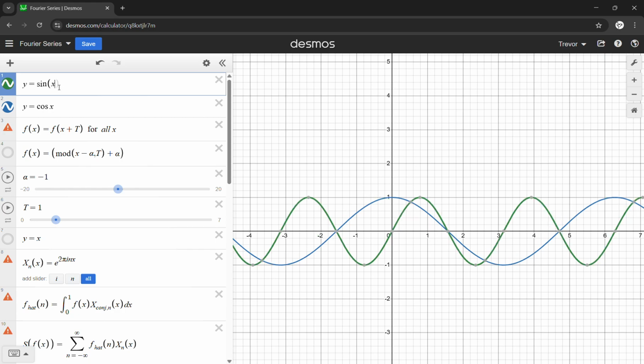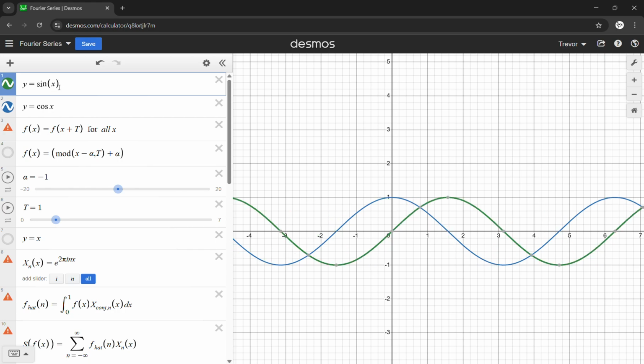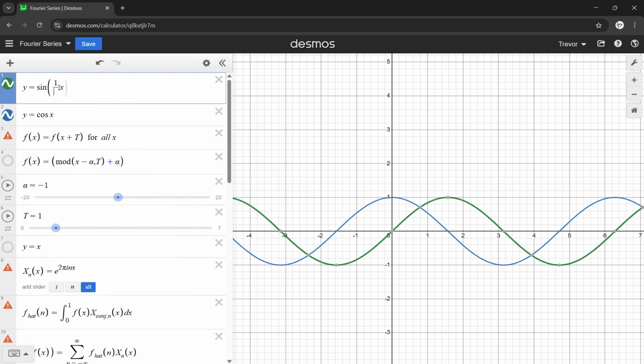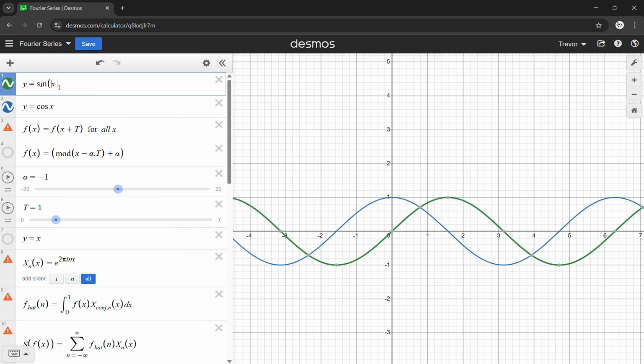But that's a little hard to see. We can stretch them. We can stretch them up and down like that, and then we can stretch them side to side as well, and that's going to look like that.